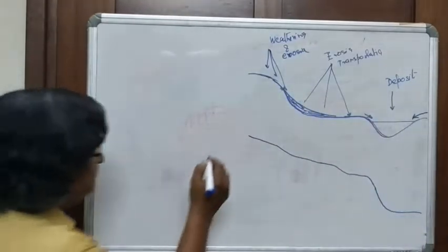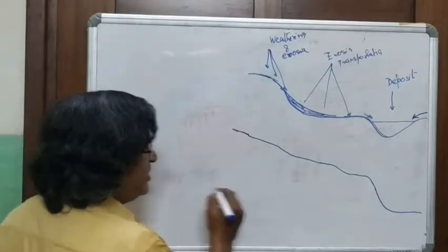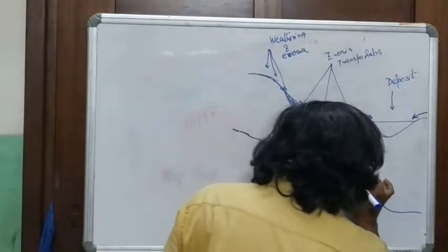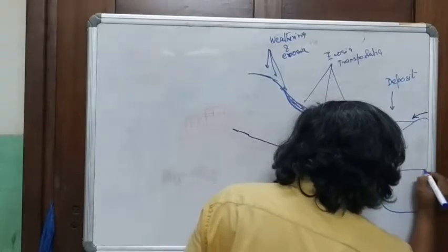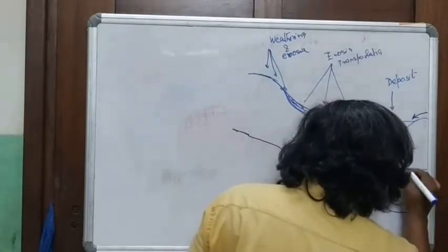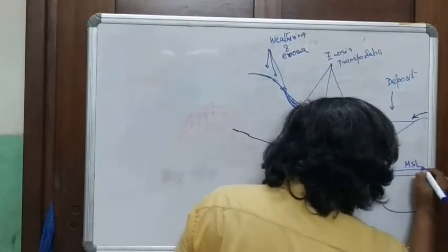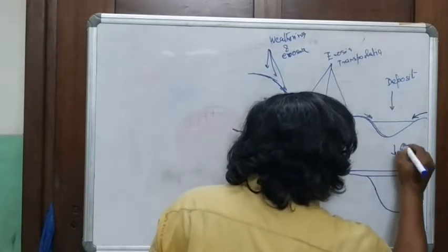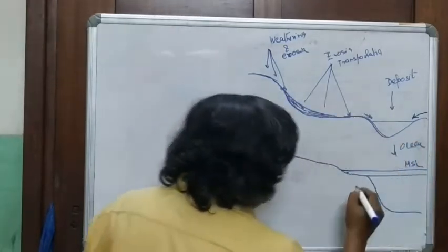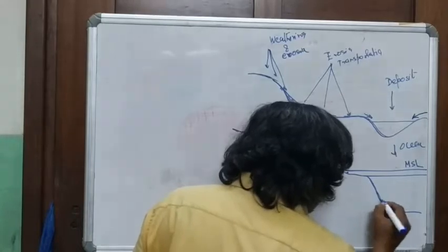Or else, you can have a situation where, say, this for example is the mean sea level, and this is the oceanic part. This, if you remember, is the continental slope.